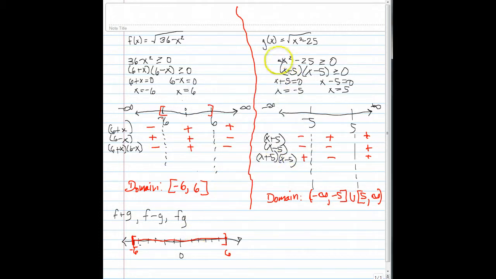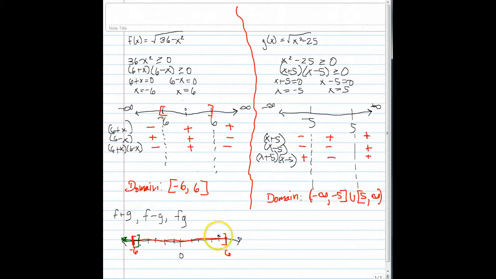Okay, so now the domain of g says one piece of it is from -infinity to -5. So -infinity is over here. So we include this, and then it goes in this direction forever.